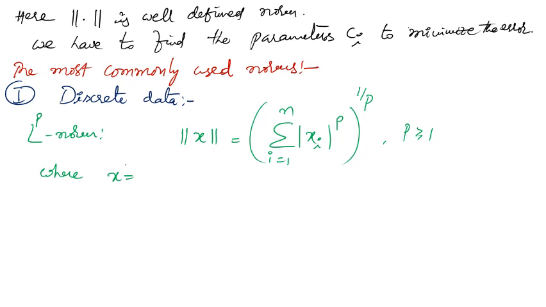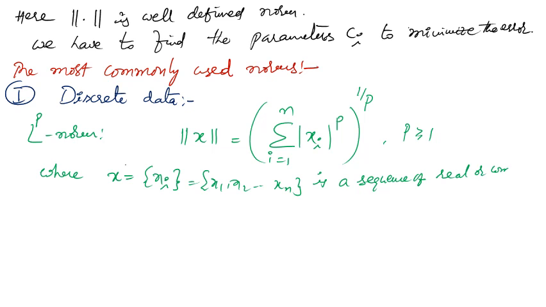Here x equal to xi, nothing but x1, x2 and so on, xn is a sequence of real or complex numbers. This is the LP norm.